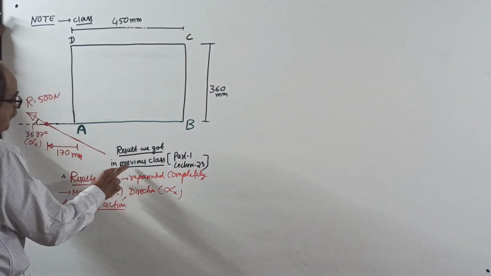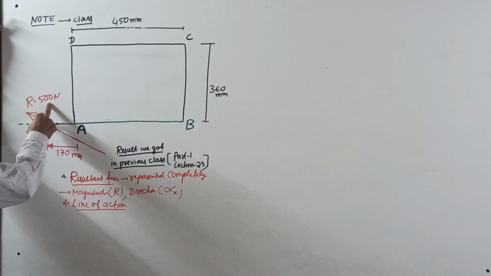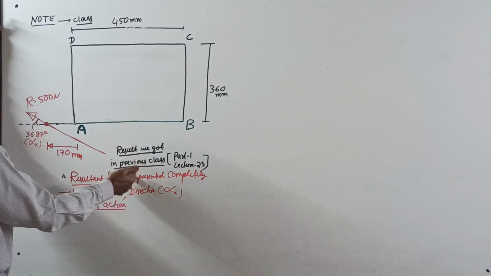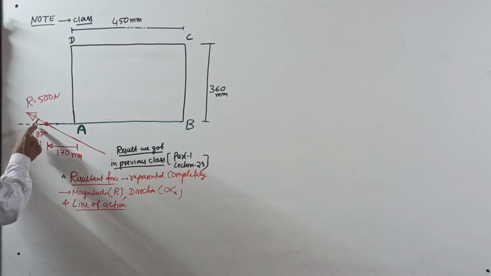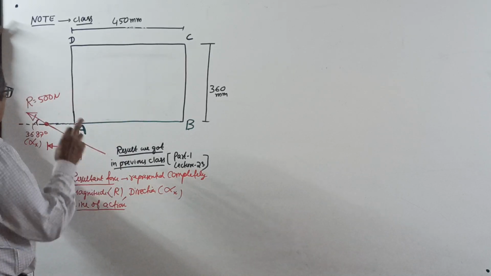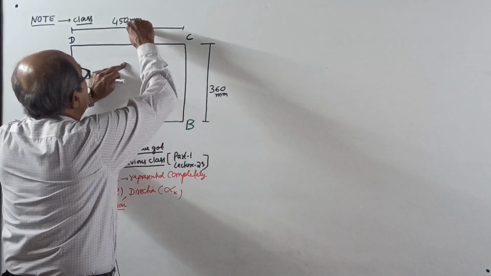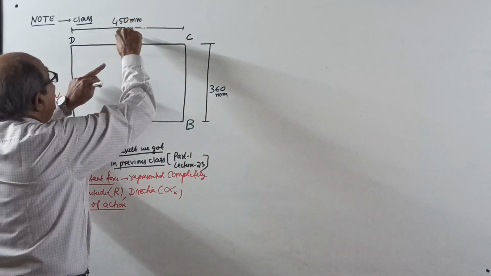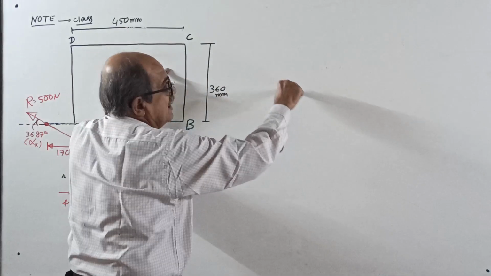The magnitude R is 500 Newton, from the last question. The resultant makes an angle alpha with the x direction of 36.87 degrees this way. But only this much is not sufficient, because you can draw a line here, here, or here with the same angle.